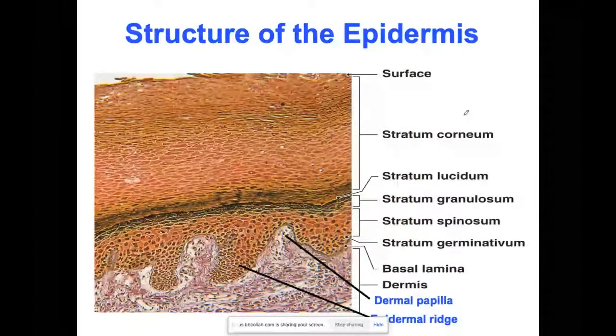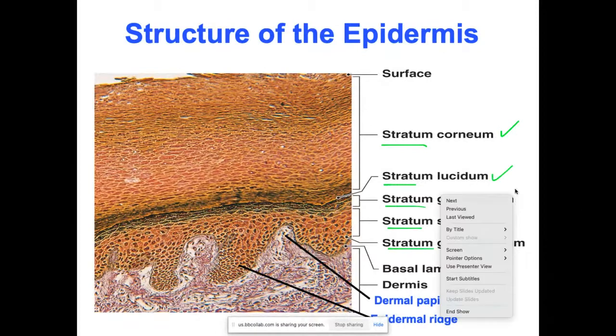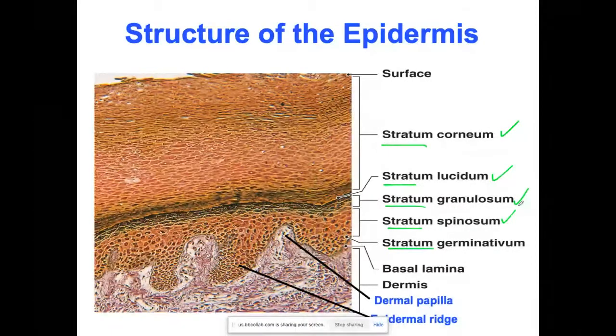When we look at the epidermis, there's going to be 5 layers, microscopic layers. Each layer has the term stratum in it. So we have a stratum corneum, a stratum lucidum, stratum granulosum, spinosum, and germinativum. Sometimes the stratum germinativum is called the stratum basal layer.